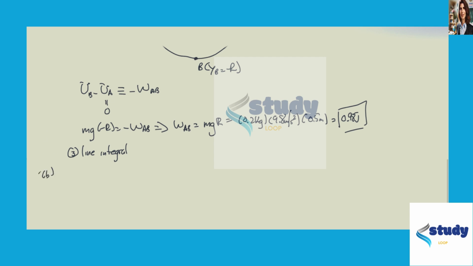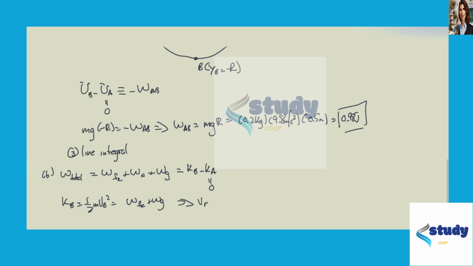Part B actually wants to know the speed at point B. So we go to the work kinetic energy theorem. W total, the work done by kinetic friction plus the work done by normal force plus the work done by gravity, is equal to change in kinetic energy, which is Kb minus Ka. But we know Ka is 0. It started from rest. We're told that. So Kb, which is equal to 1/2 m Vb squared, is equal to Wfk plus Wg.